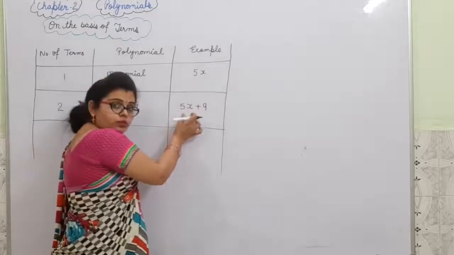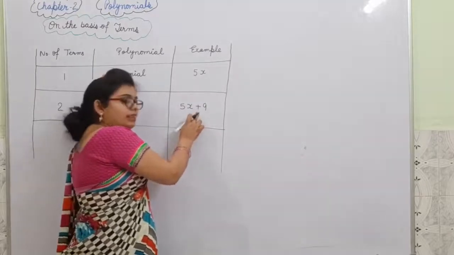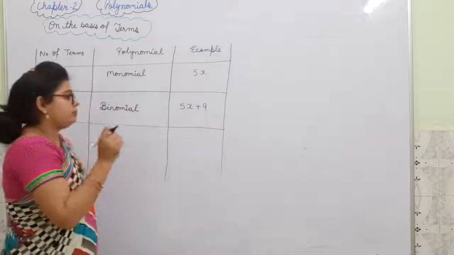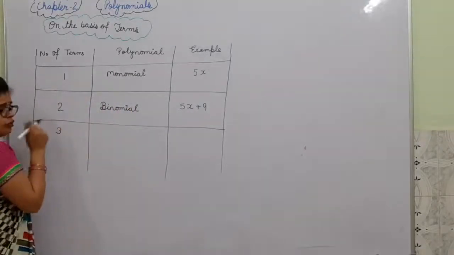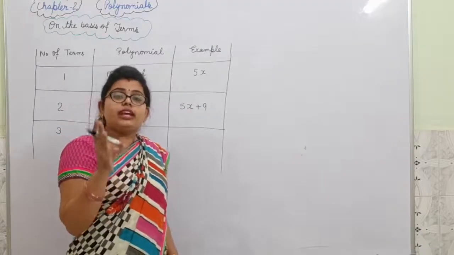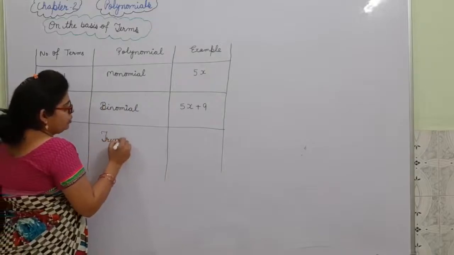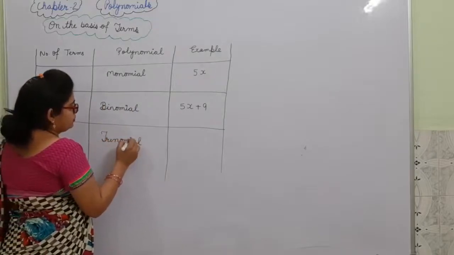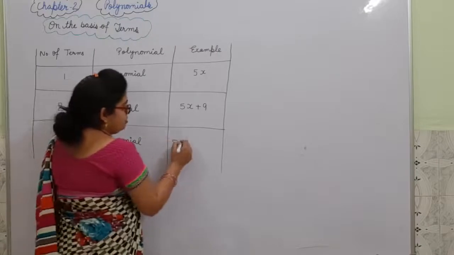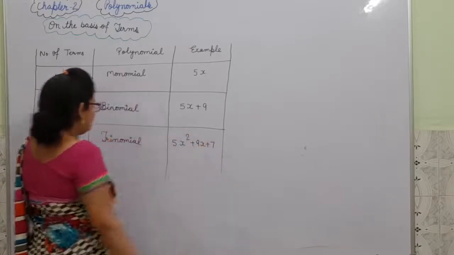Now there are two terms, 1 and 2, and they are interlinked with mathematical operator plus. Now if number of terms are 3, dear students, if there are 3 terms, then it is called trinomial. Example 5x square plus 9x plus 7.